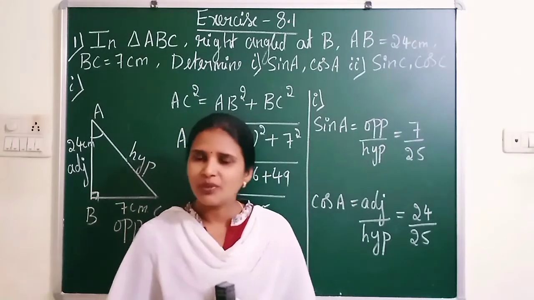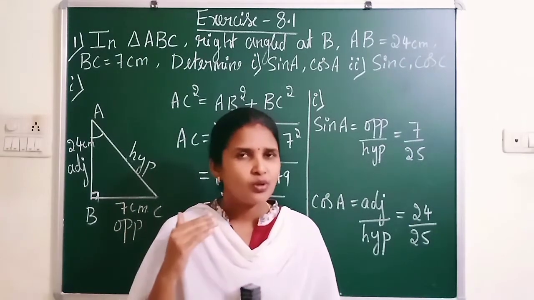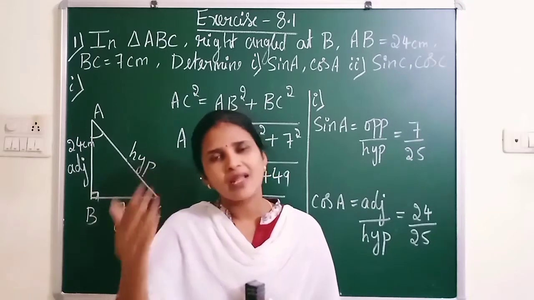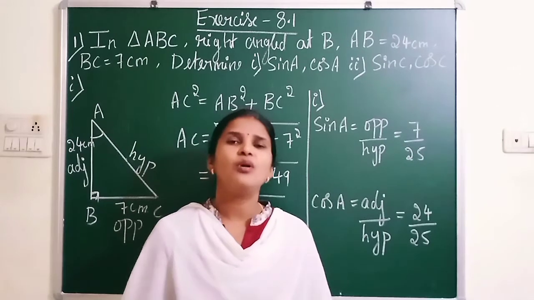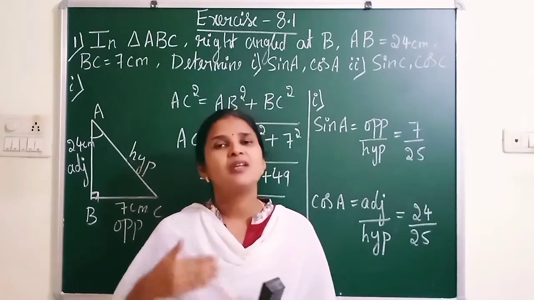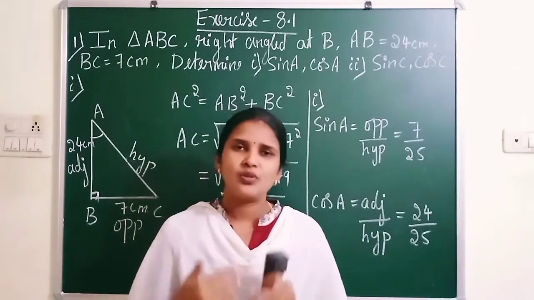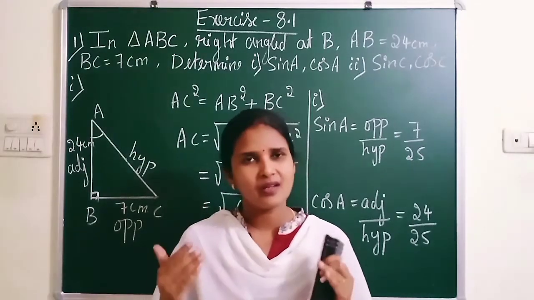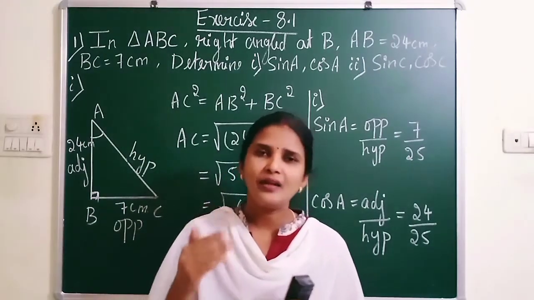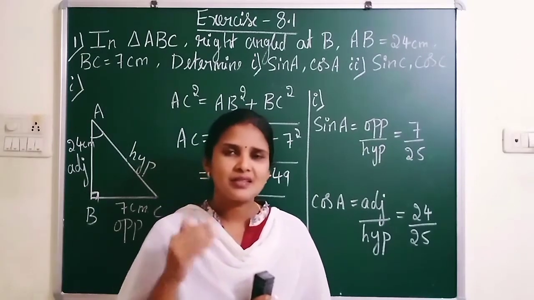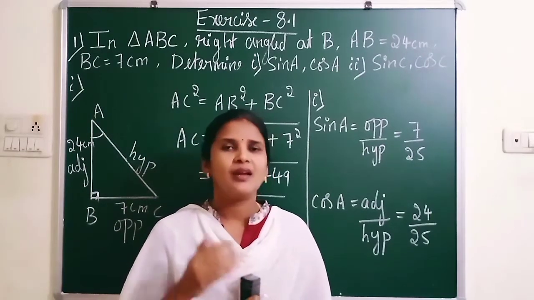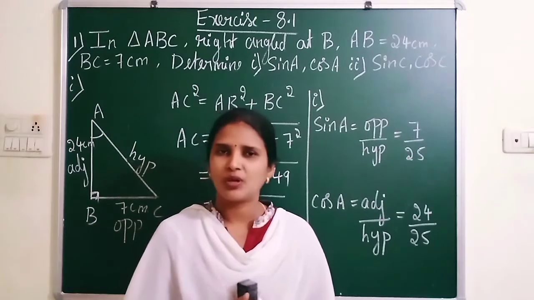Next, the last trigonometric ratio is cot. You know cot is the reciprocal of tan. What is tan? Tan is opposite by adjacent. So automatically cot becomes adjacent by opposite. So these are the 6 trigonometric ratios. Sine and cosec are reciprocal to each other, cos and sec are reciprocal to each other, and tan and cot are reciprocal to each other.